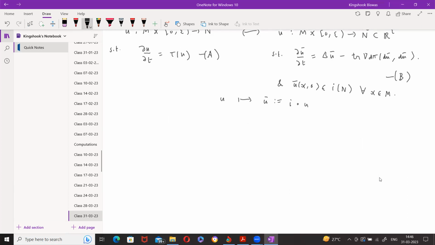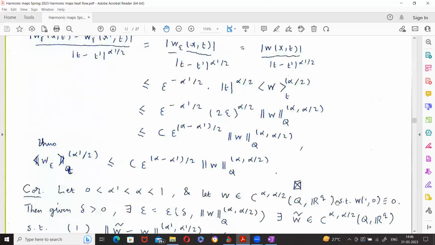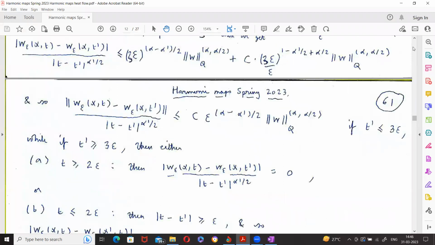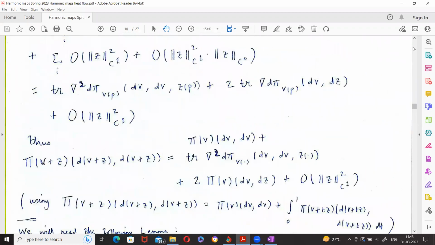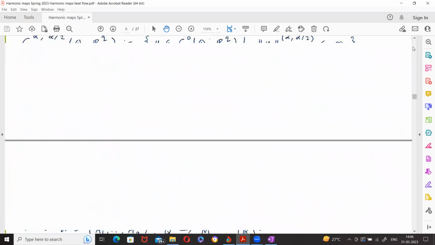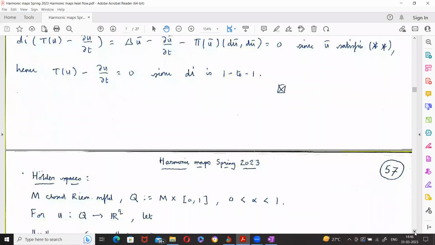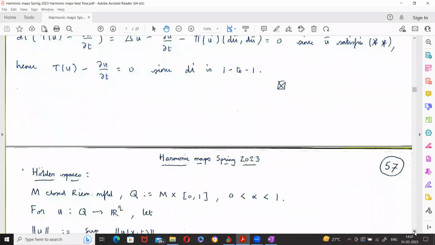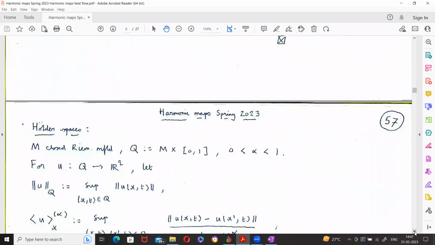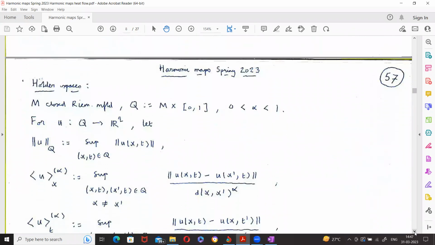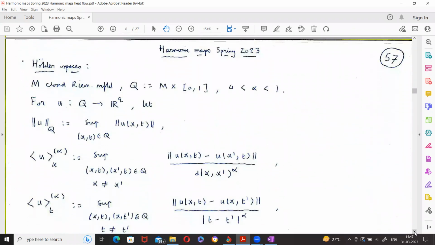So what do we do then? We're going to need to introduce certain Banach spaces called Holder spaces. The definitions are a bit long, so I'm just going to read through the notes for that.